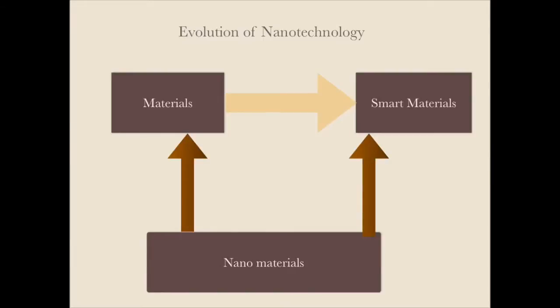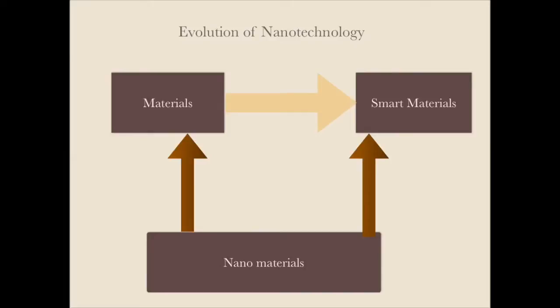Materials do have a capacity of bearing loads, but they don't have the capability of responding to the environment. But smart materials do have the intelligence of responding to the environment and acting in conjunction with the requirement.